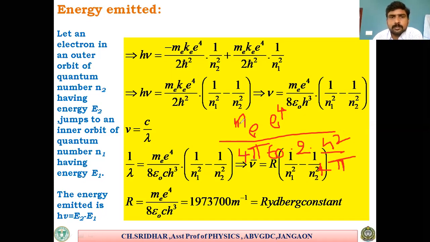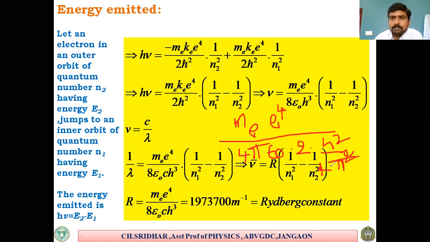So this is Me into e to the power of 4 by 4 pi epsilon naught, that is 1 by 4 pi epsilon naught into 2 into h square by 4 pi square, that is 4 pi square.